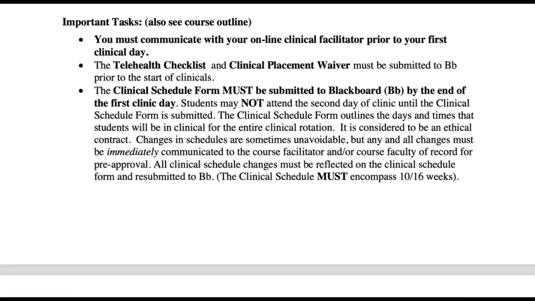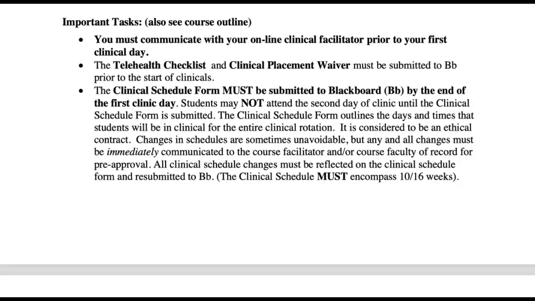Always, you must communicate with your facilitator prior to starting clinic and exchange that information with them: the name of your site, your preceptor's name and credentials, the phone number to the clinic, and your cell phone number. Find out the best way to reach your facilitator.